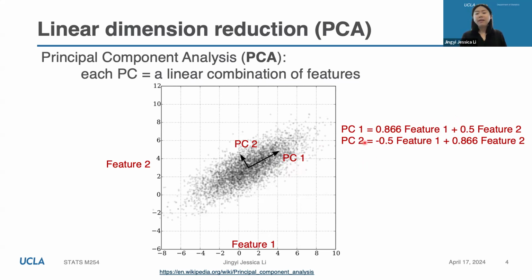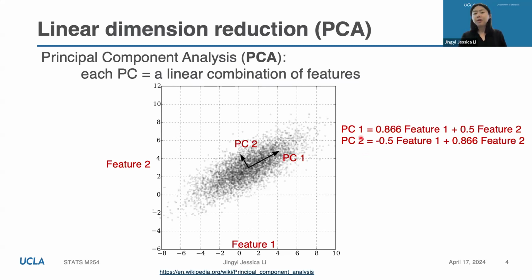Otherwise, for example, you can multiply these two values by a factor, say by 2 or by 3, then you get the same direction, but you would change the linear combination. So that's what we call unidentifiable. So you could have multiple values give you the same direction. That's why we restrict our rotation to be a unit vector whose sum of squares is equal to 1.